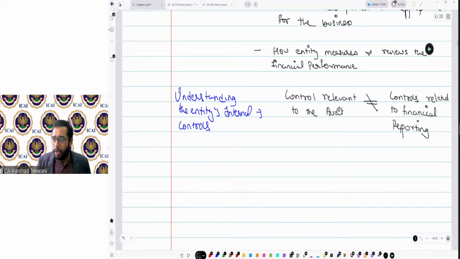Are you getting this point? Controls which could be relevant to audit are not only the controls which are related to the financial reporting.